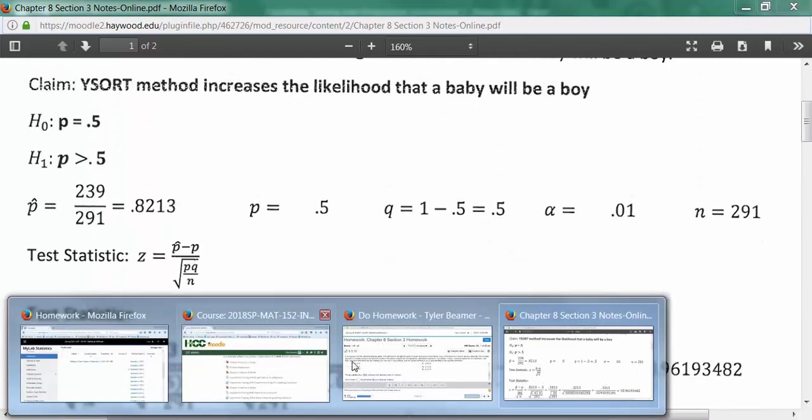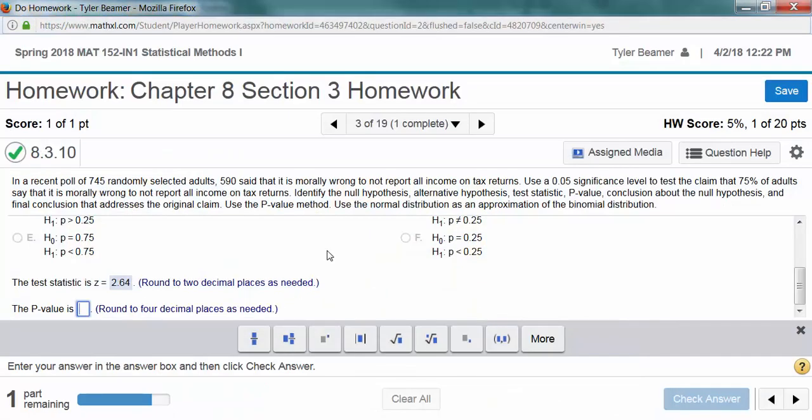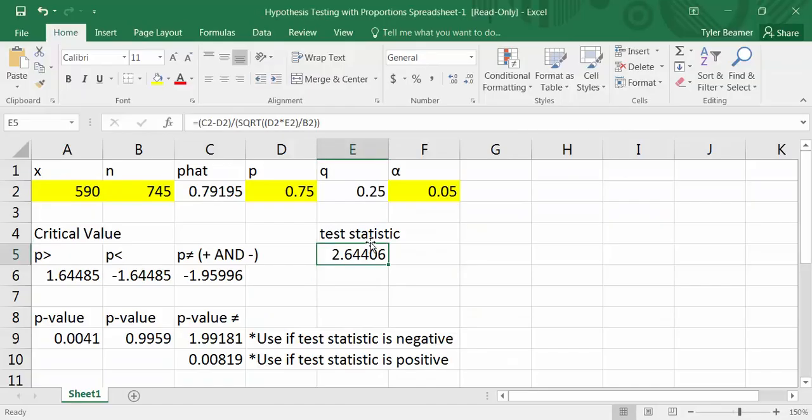But the problem actually states to use the p-value method. And so the p-value can come from this template as well, and the p-value is what I have shown down here. And so this p-value is associated with a test in which the alternative hypothesis is greater than.